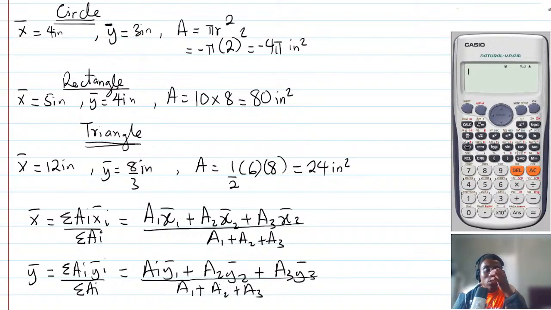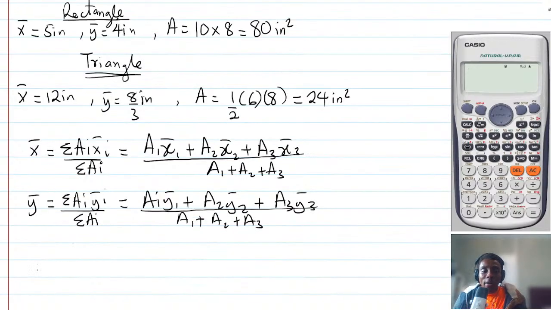And I believe you can do this. It's very simple. Let me do the x bar for you, and then I will allow you to do the y bar for yourself.